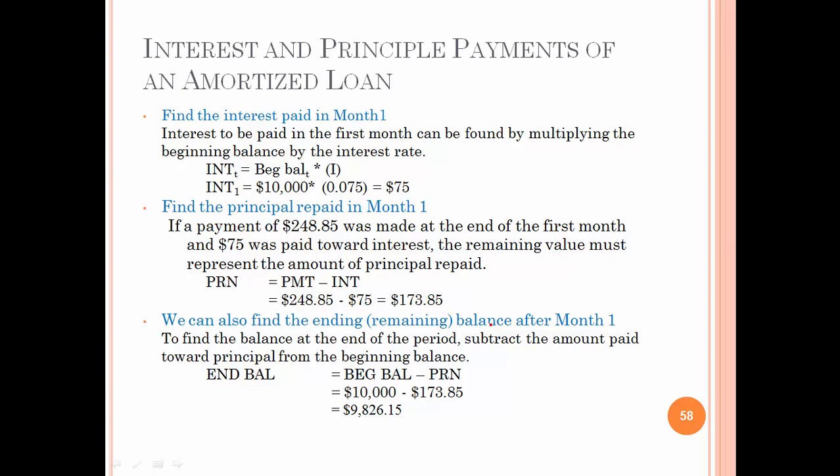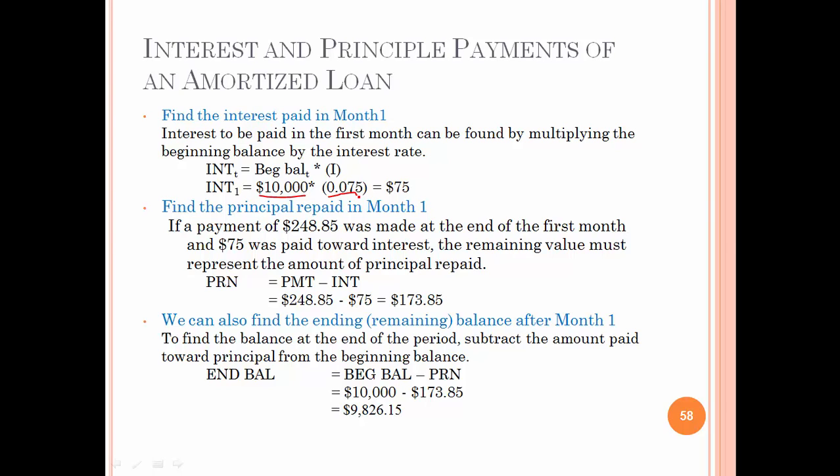Once we calculate the monthly payment, let's take a look at the structure of the loan. If we want to find the interest paid in the first month, we start with a principal, or balance, of $10,000, and within the first month we will be paying a 0.75% interest rate. That means we are paying $75 interest in the first month.